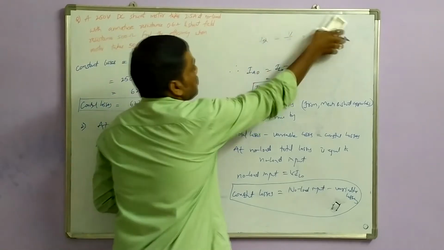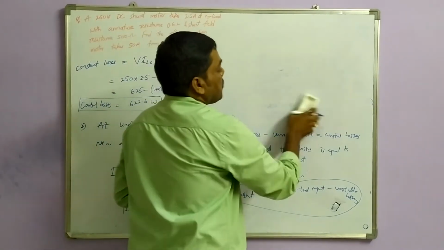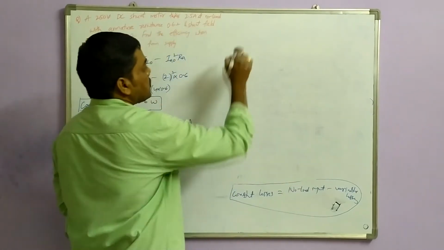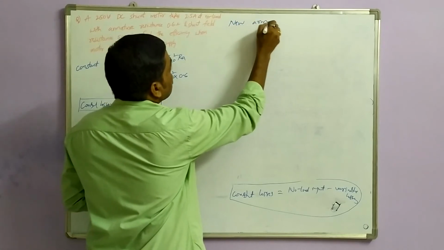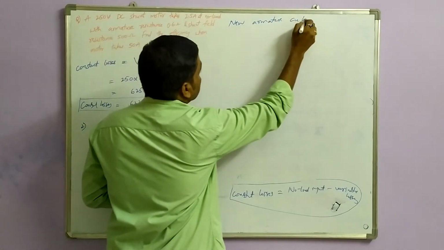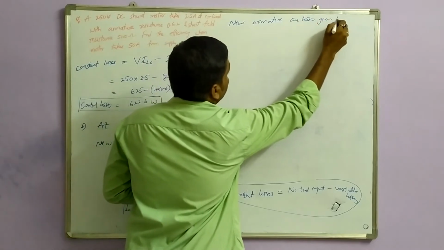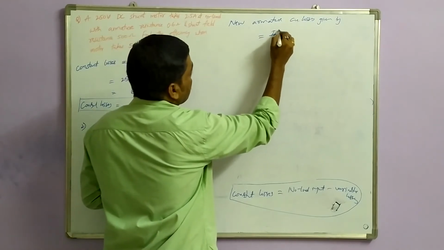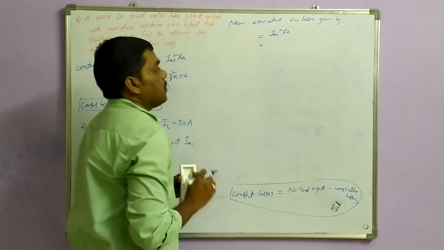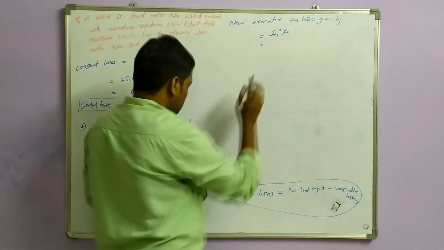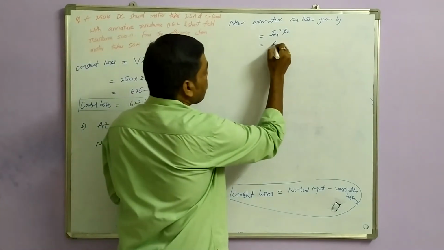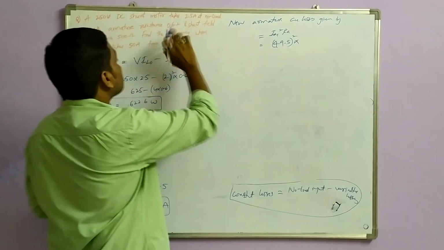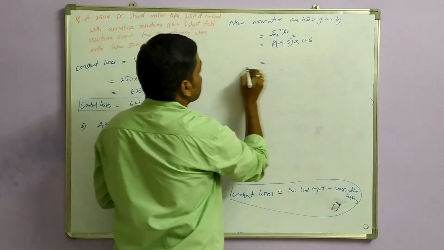So I am going to take on this. So new armature copper losses are given by IA1 square into RA. Now what is the IA1? IA1 is nothing but 49.5 square into, what is the RA value once again, 0.6.